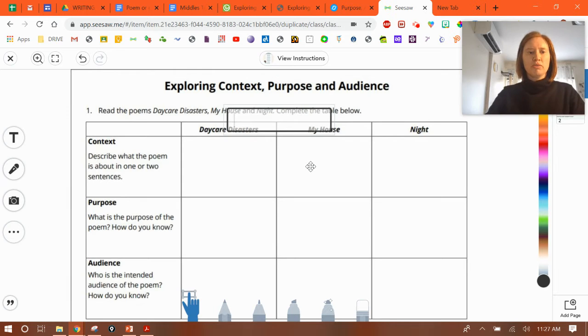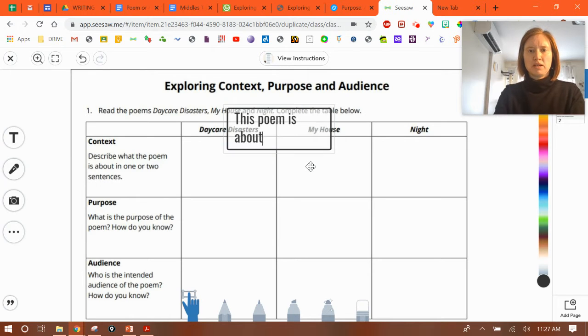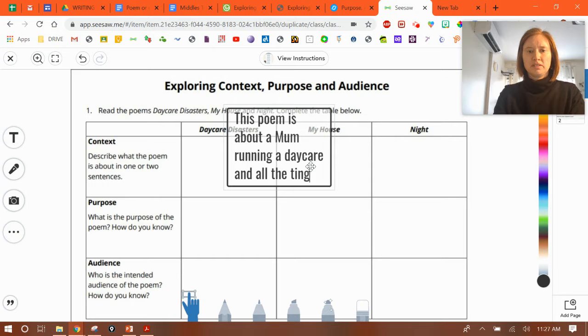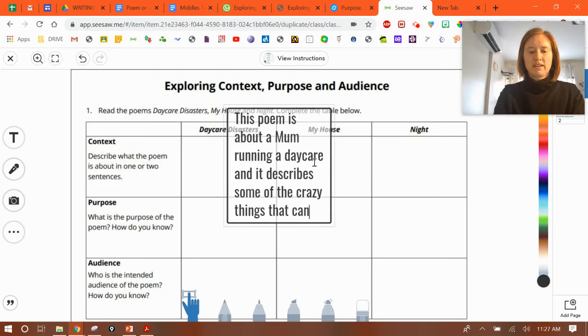So describing what the poem is about in one or two sentences, I'm going to say this poem is about a mum running a daycare, and it describes some of the crazy things that can happen at daycare.